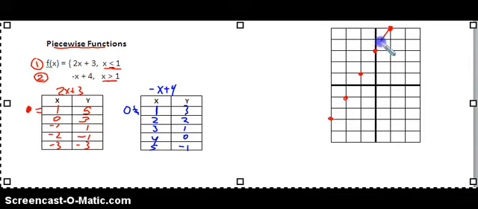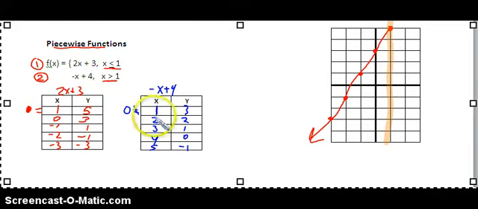Now normally what we do is we connect our points and then we extend it on both sides. Well, since these values can only work for x values that are less than 1, my graph cannot exist on the right side of this line. So I only extend this side of it. So that's what this portion of the graph will look like. I'm only graphing the portion of this line that is less than or equal to 1.